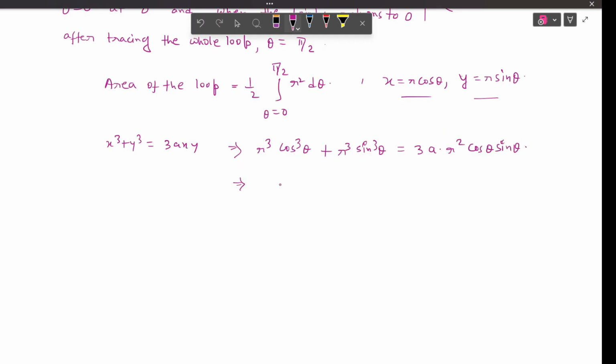So from this, if you take r cube common, r square will cancel out with r cube, and here r is 3a sin theta cos theta upon sin cube theta plus cos cube theta.